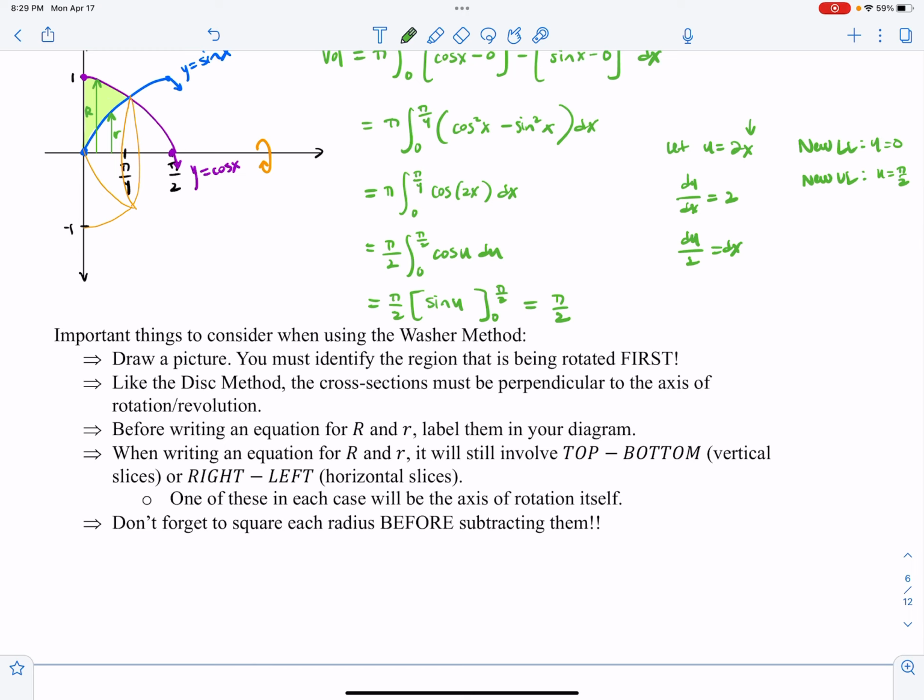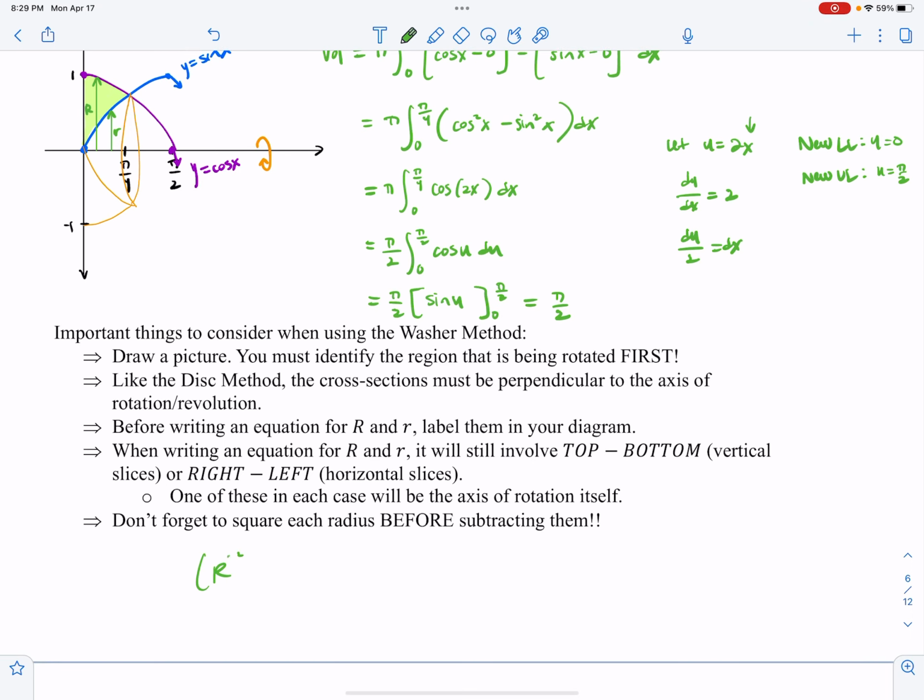And one of those will always be the axis of rotation, whether top or bottom or right or left. And then don't forget to square. A very common mistake is, instead of doing big R squared minus little r squared, to just take big R minus little r and square that. That's wrong. Don't do that.